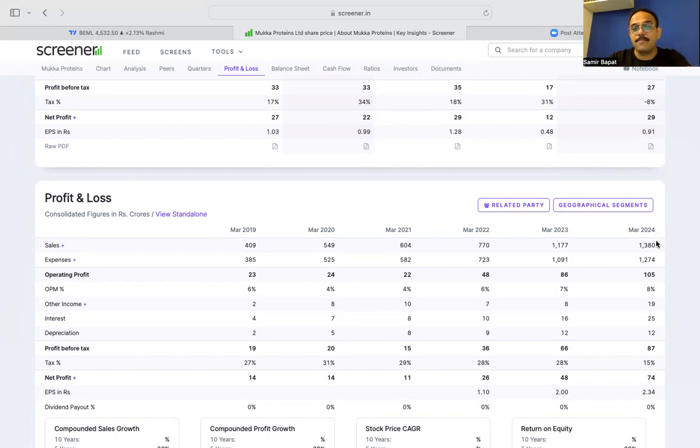How can it be a trap? First of all, you'll be happy, boss. Right now the sale this company is doing is 1380 crore. Now if you hear a flash that the company has got an order book of 5000 crore, that is almost 4 times its annual sales. That is fantastic news.